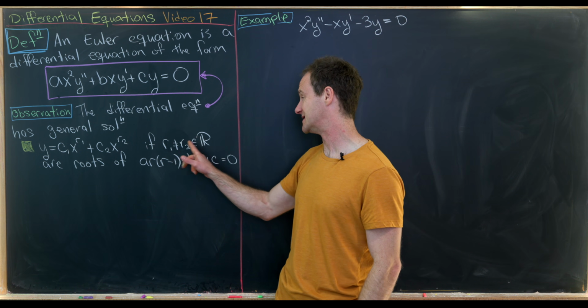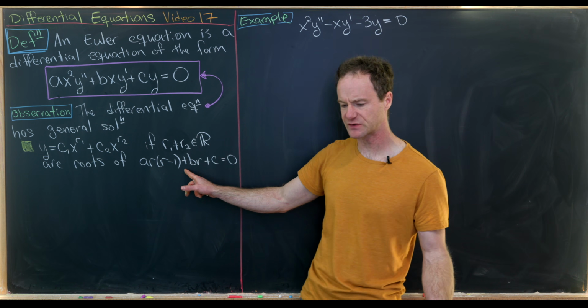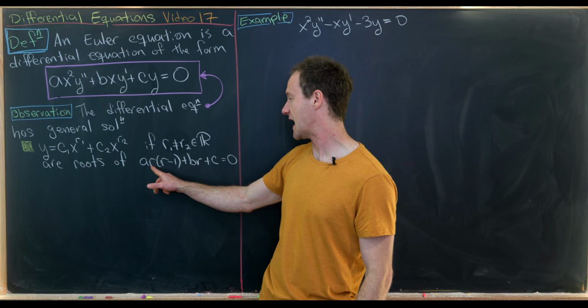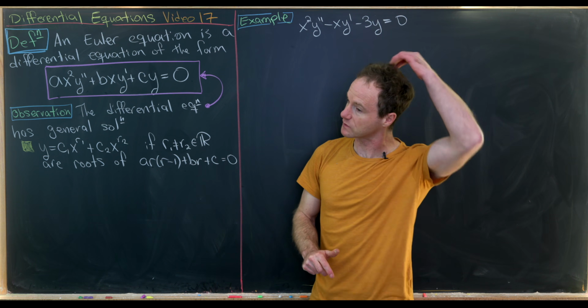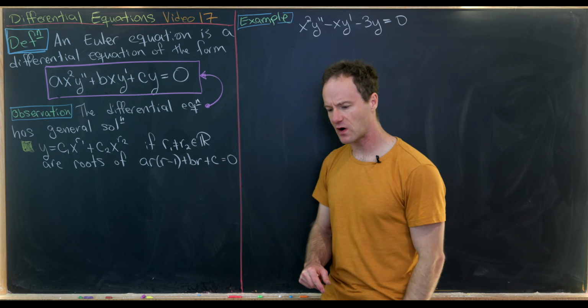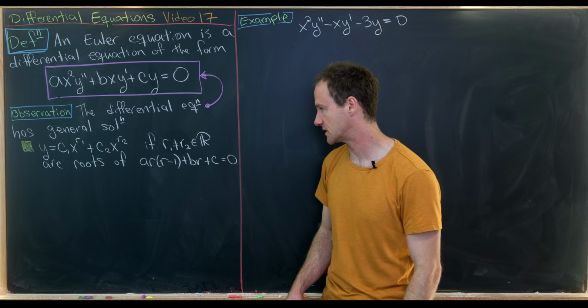So in other words, they are distinct real roots of our indicial polynomial. Let's recall that was the polynomial a times r times (r minus 1) plus b times r plus c equals 0. And again, that follows from our exploratory calculations that we did previously.